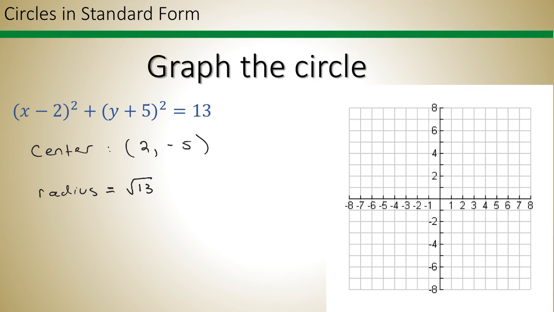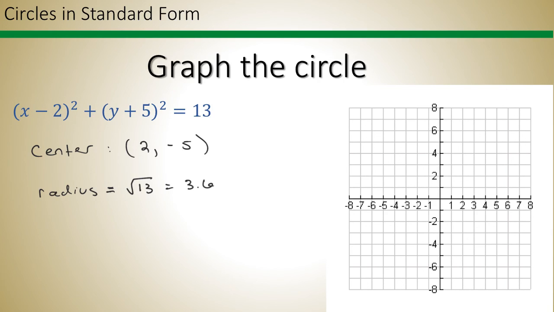I need an actual number here. So let's take the square root of 13 and approximate that to the nearest tenth. So the square root of 13 is going to be 3.6. Okay, so this is going to be approximate.